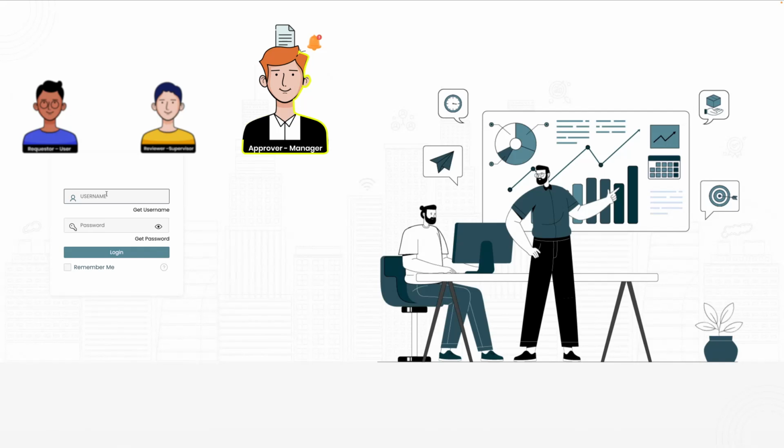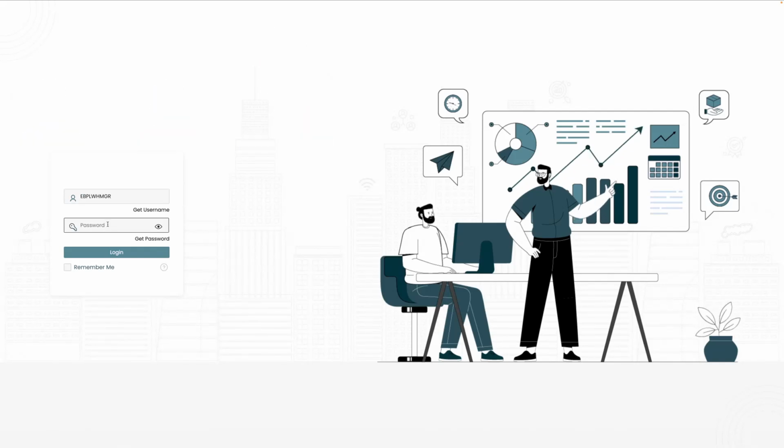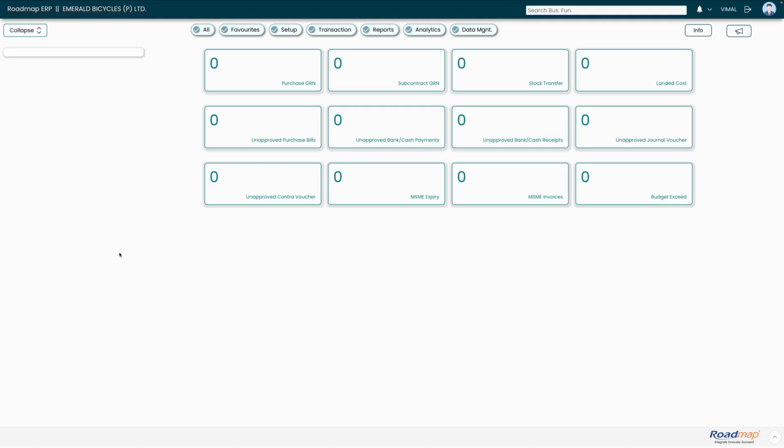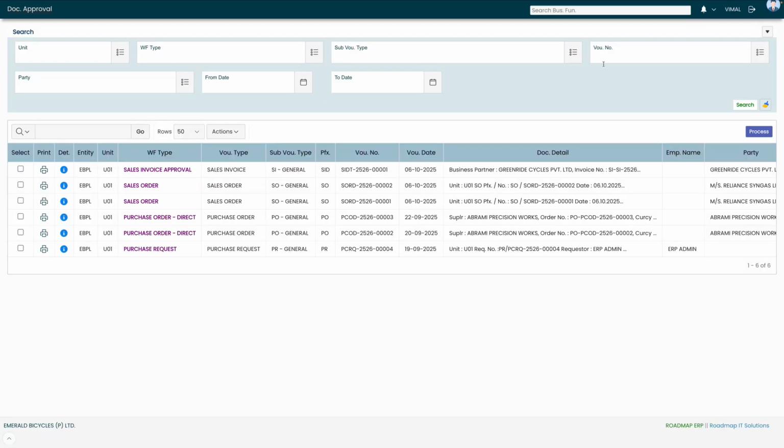Now we are logging in as our manager. This is the login page of our warehouse manager. Go to your bell icon, go to approvals, and the document has been placed here. Click on this detail icon.